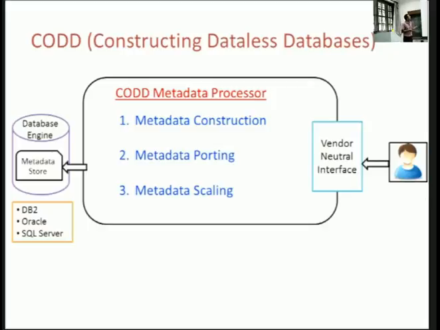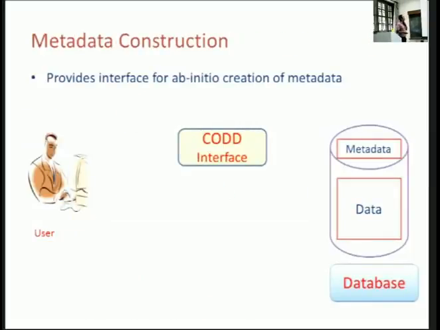Say you have two database engines where one does not have the right metadata and the other has nicer metadata; you can port from one engine to the other. And the third is metadata scaling. That is the 10 power 24 scenario that you can simulate using this feature.